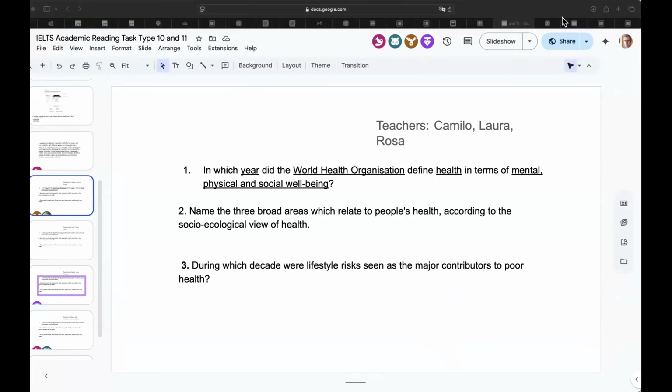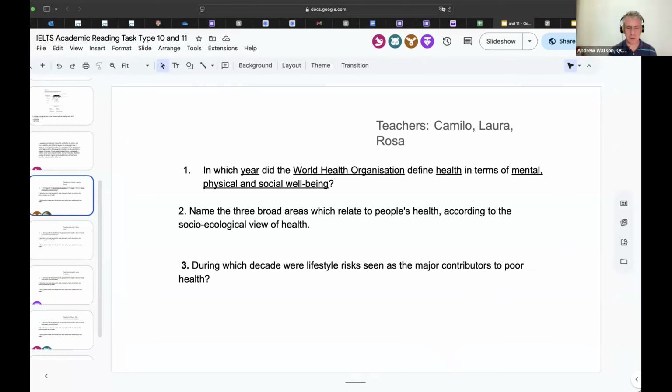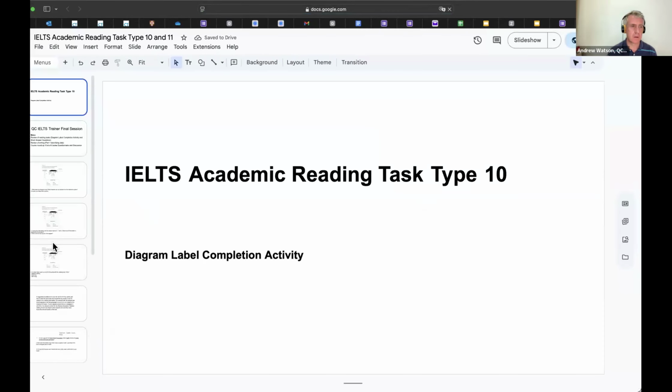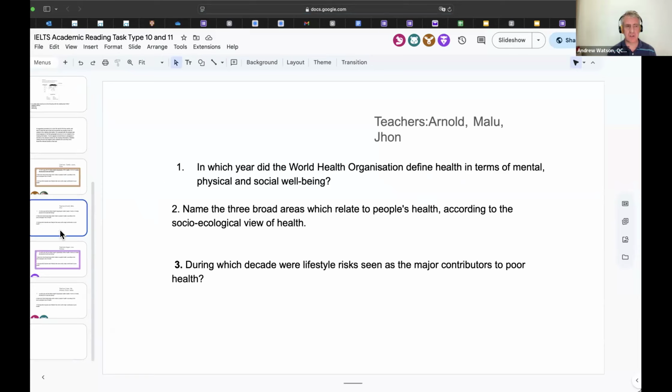Andrew, is it possible to have a different link? The one that you just sent is the previous reading. Oh, is it? Oh, I'm sorry. No worries. Hold on. No, it's the right link. I think you've got to scroll down. Just go down to the bottom. Right, it's not accessing, is it? Try this one.